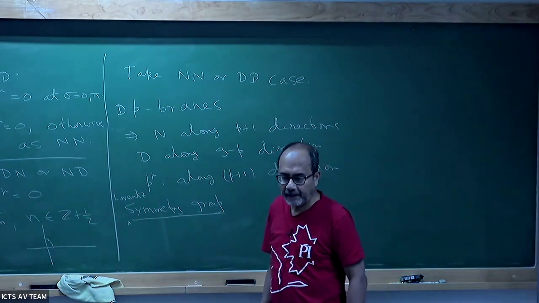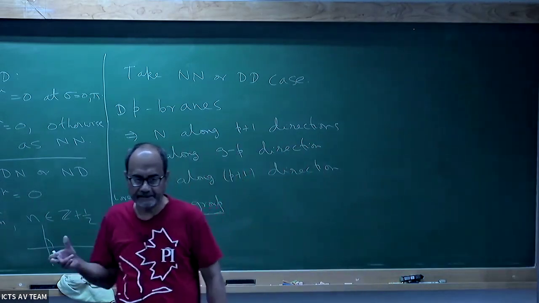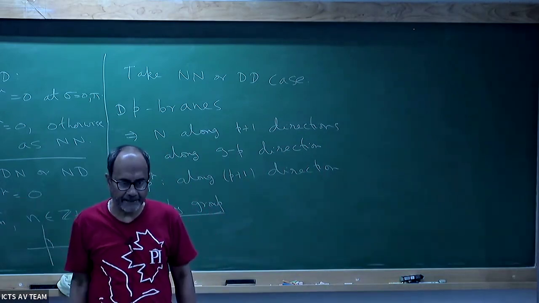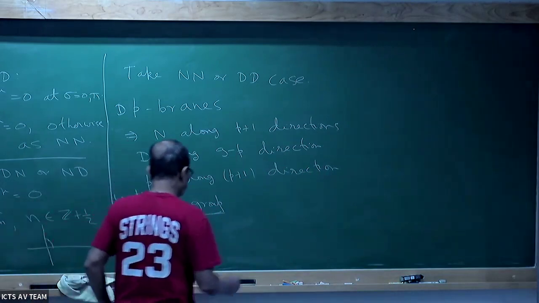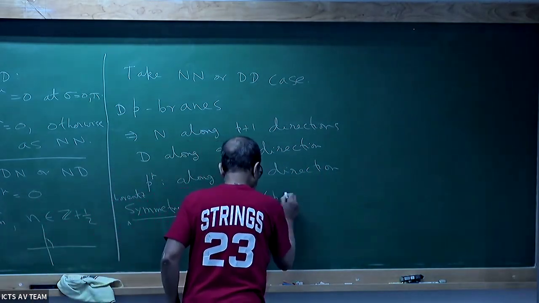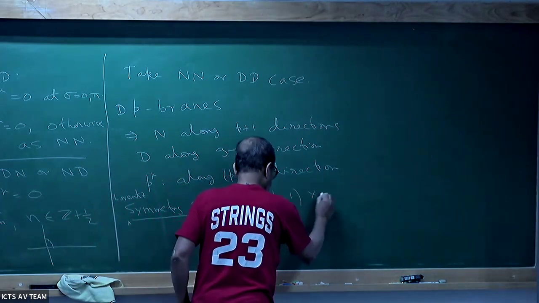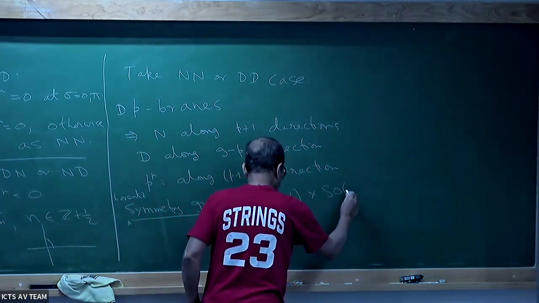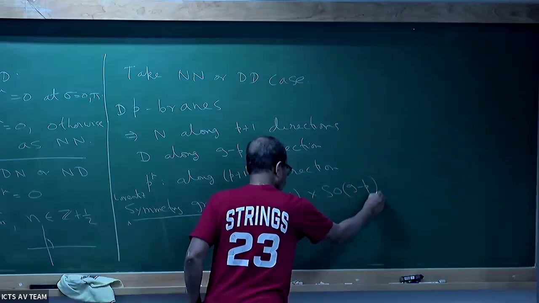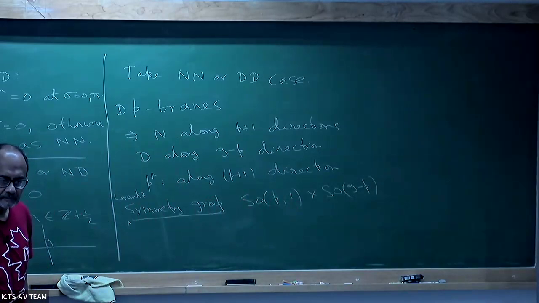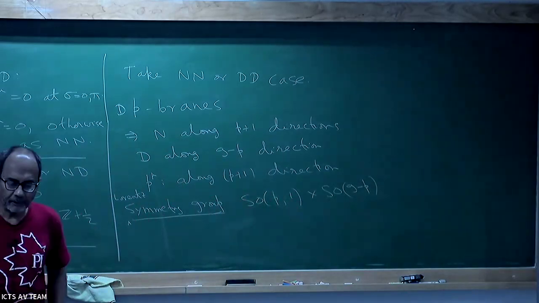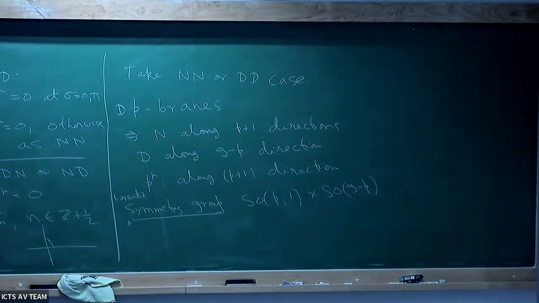Suppose you take part of the Lorentz group that rotates an N direction to a D direction. Then the open string boundary conditions break it. So now the symmetry group will be SO(p,1) times SO(9 minus p). Because you can rotate among the Dirichlet directions, that's a symmetry. And you can rotate among the Neumann directions, that's also a symmetry.